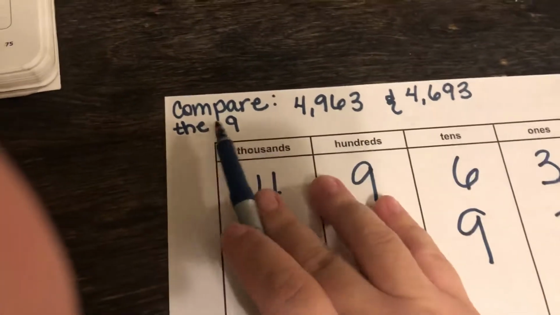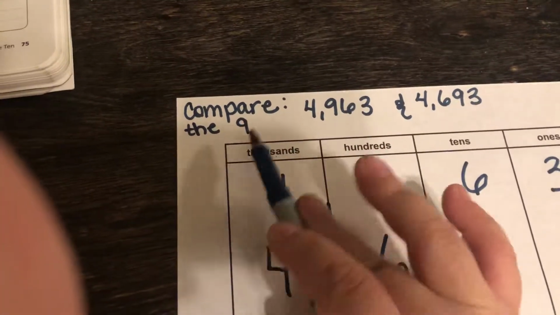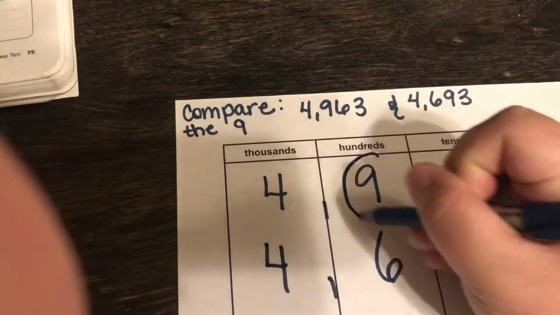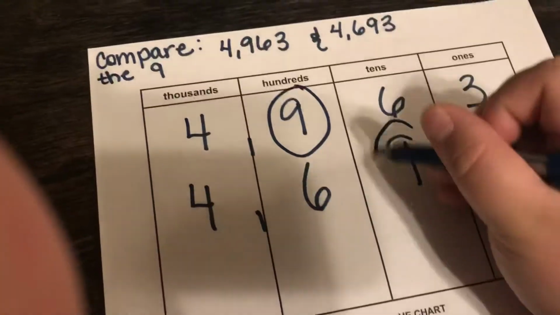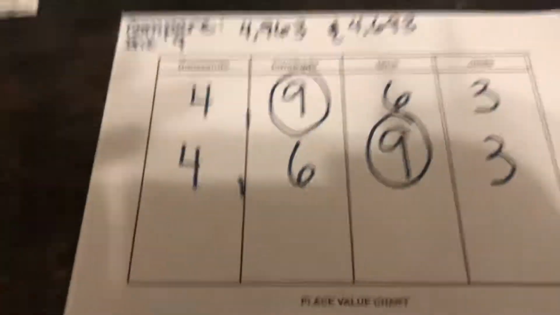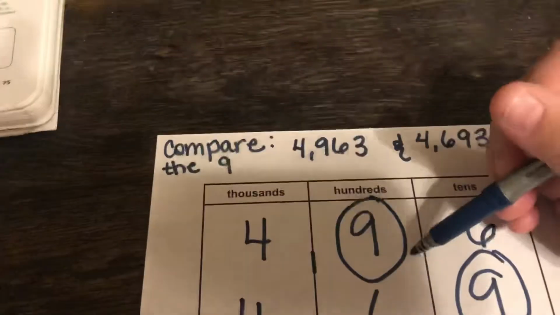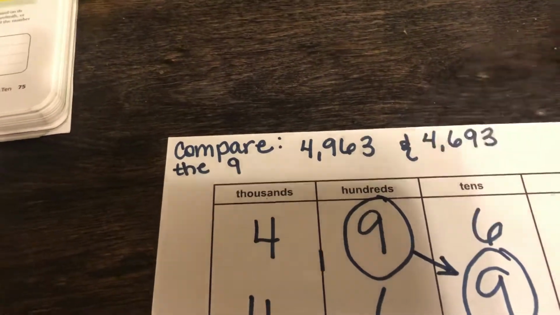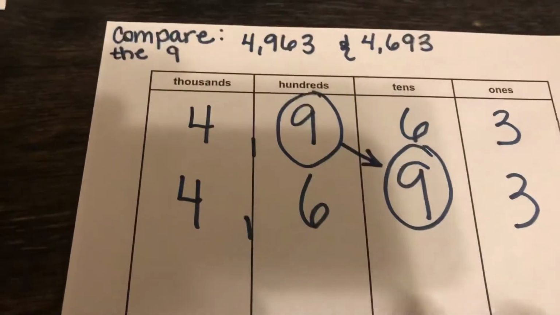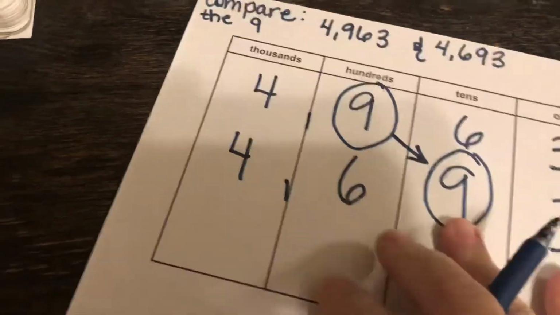And let's re-look at what we need to do, compare the 9. So we're going to compare this 9, and we're going to compare this 9. Okay. All right, so we are connecting the 9s, and that arrow goes to the right.